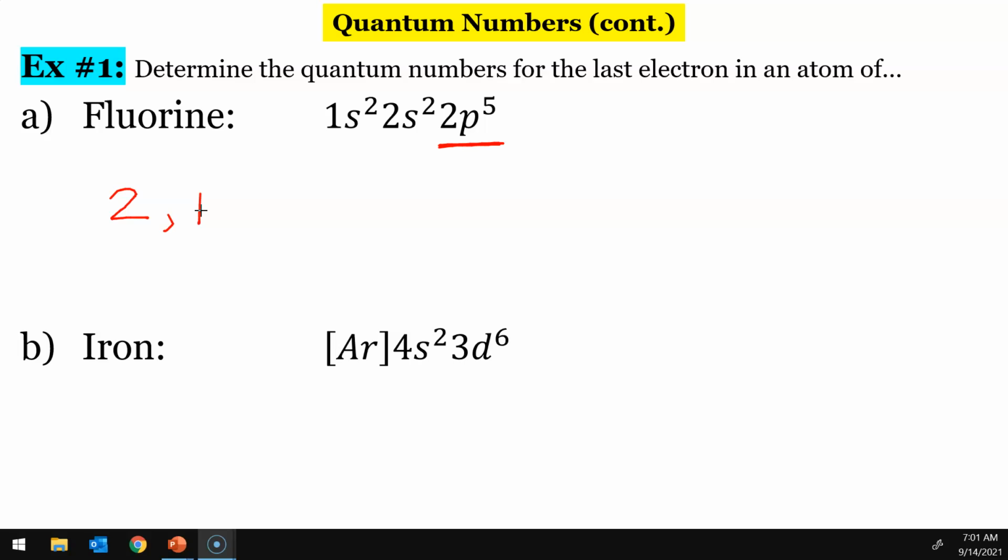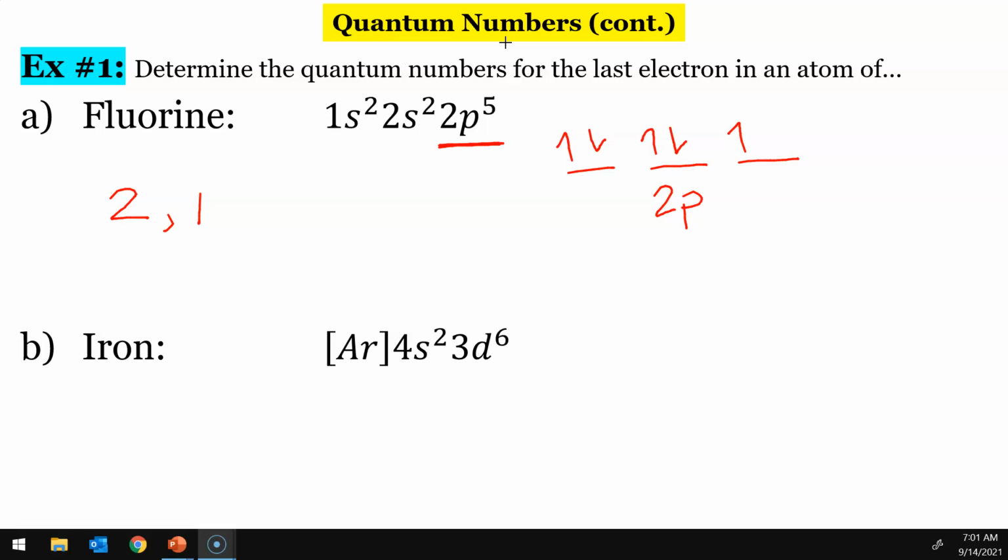Now let's draw out the orbitals for 2p5. P has 3 orbitals, and we have 5 electrons: 1, 2, 3, 4, 5. Now, L is 1.